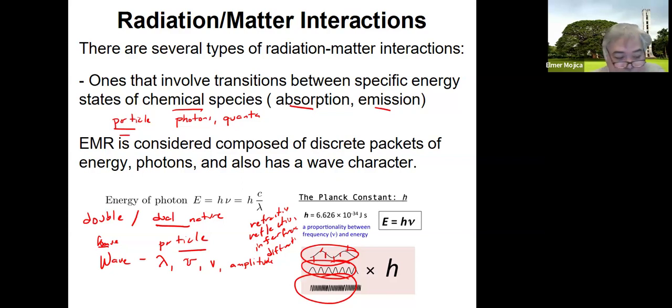It is necessary as the wave model fails to account for the absorption and emission processes. So for these processes, usually the electromagnetic radiation is best treated as discrete packets of energy. And how do you treat this as a particle?